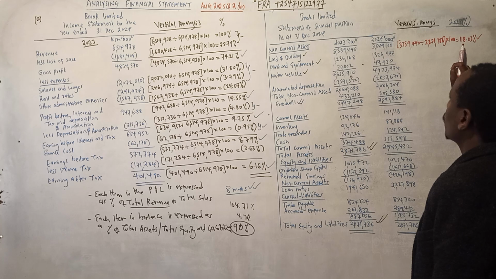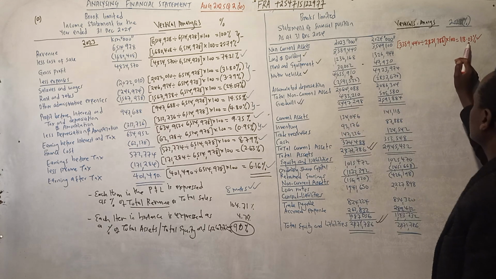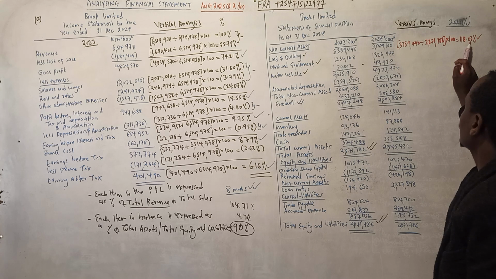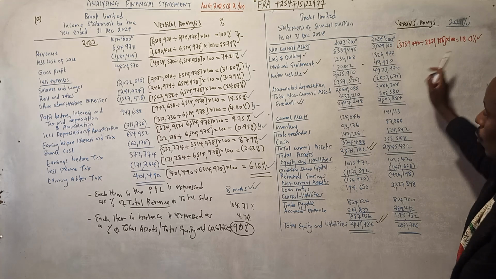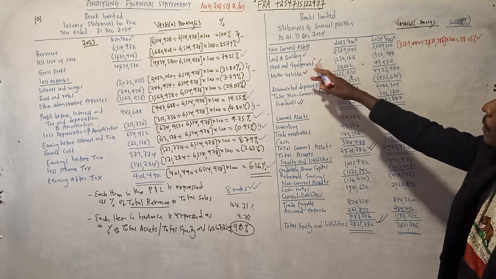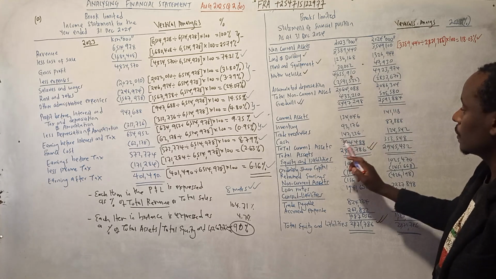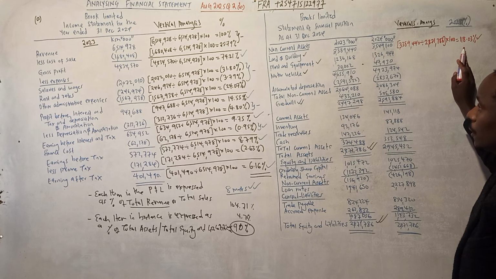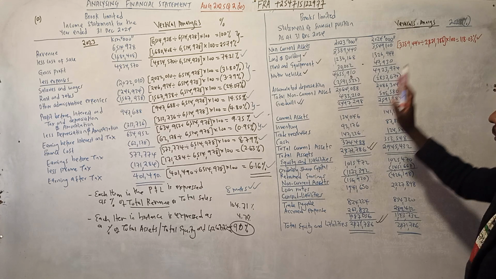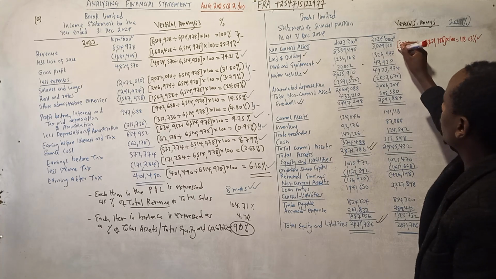So 118% of land and building forms part of total assets. We go to the next one.